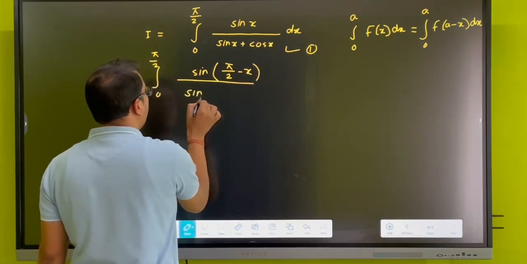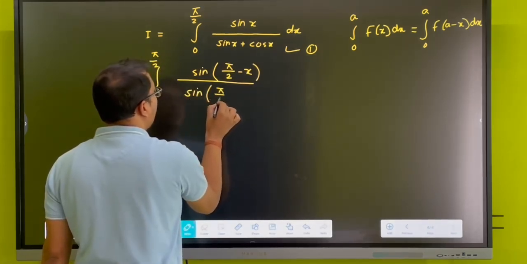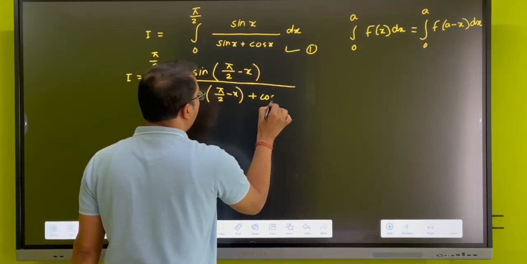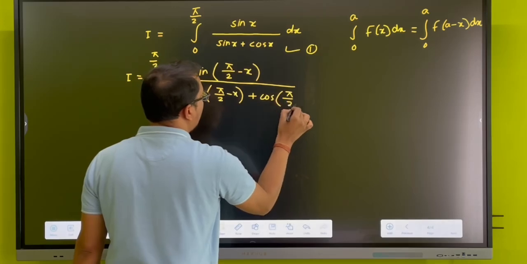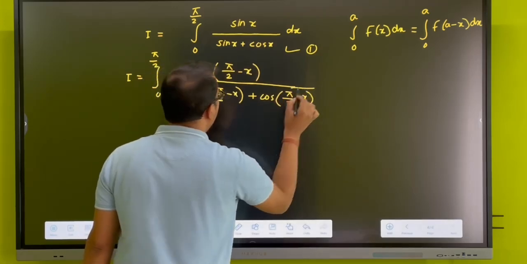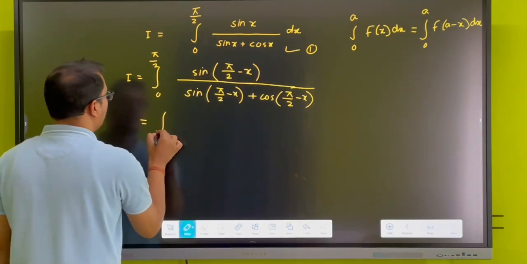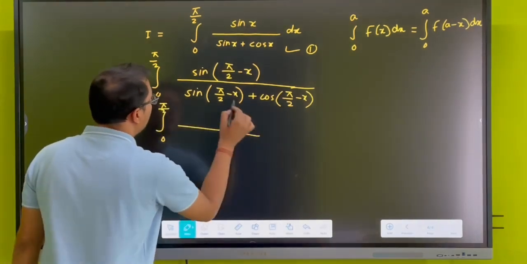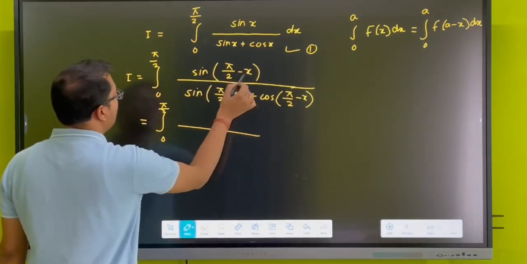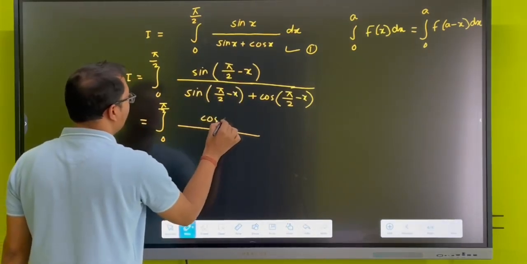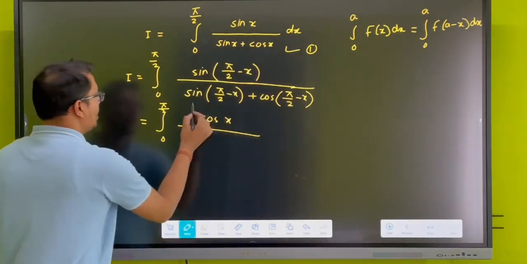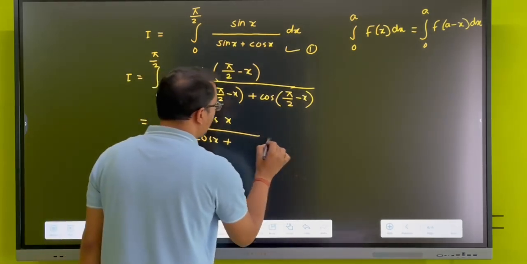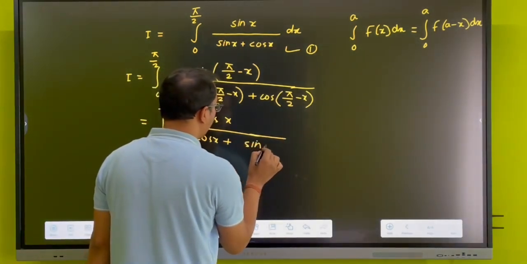In the denominator also I will write sine of pi by 2 minus x plus cos of pi by 2 minus x. In the numerator, sine of 90 minus theta is cos theta. So sine of 90 minus x is cos x, and cos of 90 minus x is sin x.